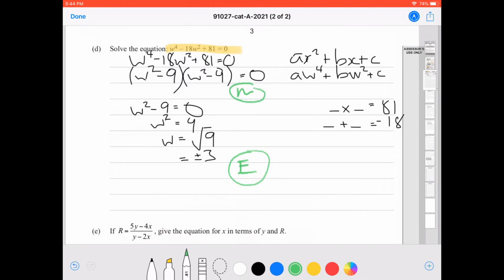And achieved, recognizing that w to the power of 4 equals w squared raised to the power of 2. So basically, within a quadratic factorization process, the marking schedule mentions w squared in brackets, raised to the power of 2, and that equals w to the power of 4, which it does.